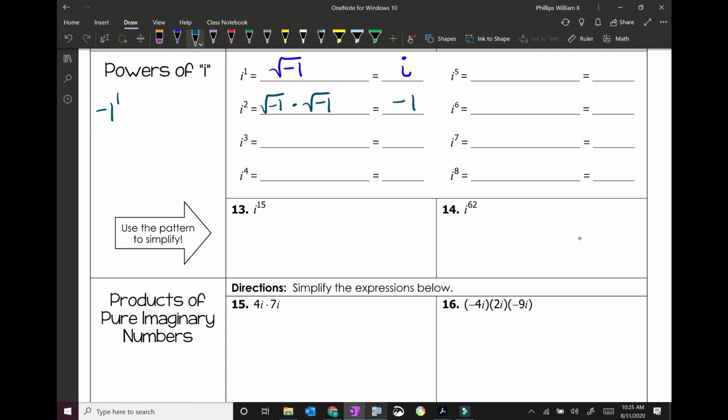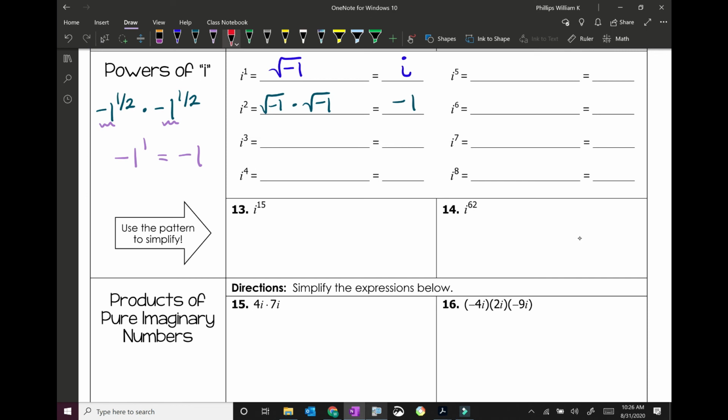So this would be negative 1 to the 1/2, times negative 1 to the 1/2. And now you can use your property of exponents. When you're multiplying and your bases are the same, the base remains constant, and then you add the exponents. Well, 1/2 plus 1/2 is 1, and like we just said, anything to the 1 is itself. So that's how we got negative 1.